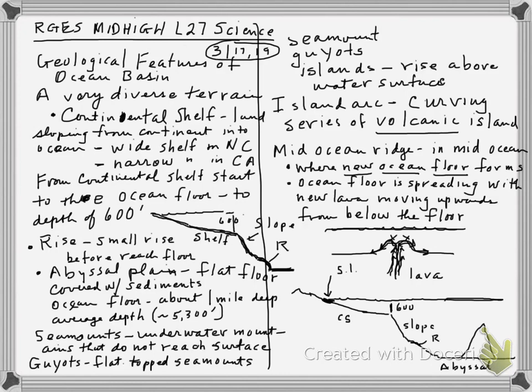There's a seamount, SM, and we also have flat ones that stick up. There's a GO. Let's put a big G there. And of course, a volcano or a mountain that sticks up above the ocean surface would be an island. There's an island sticking up.